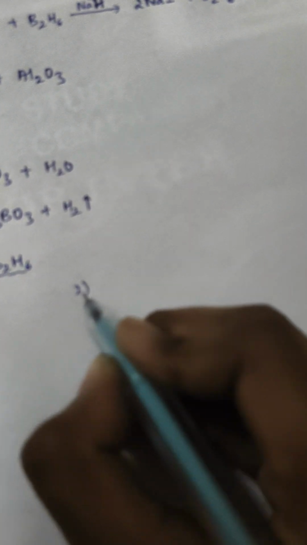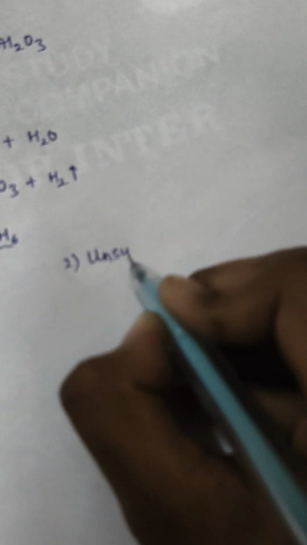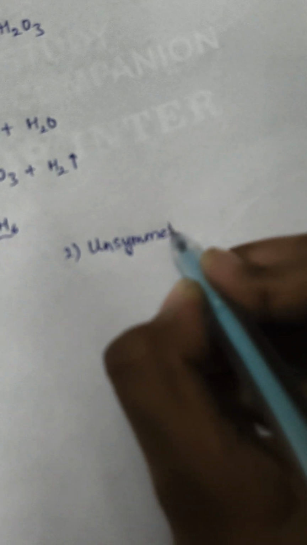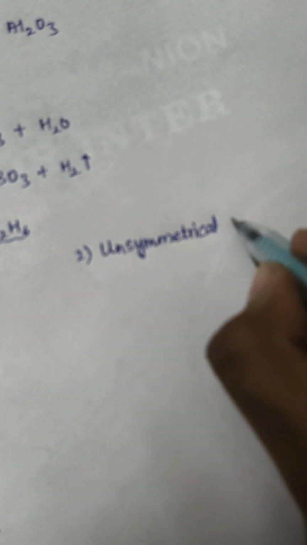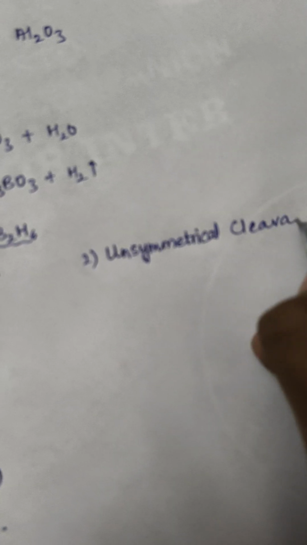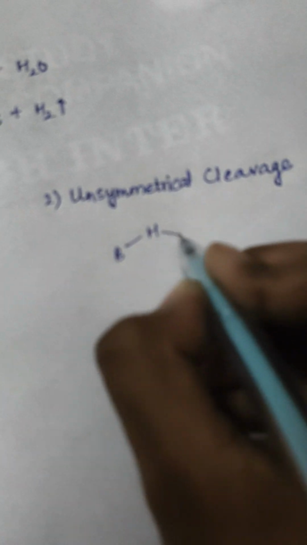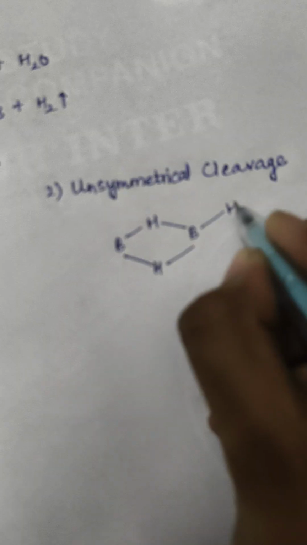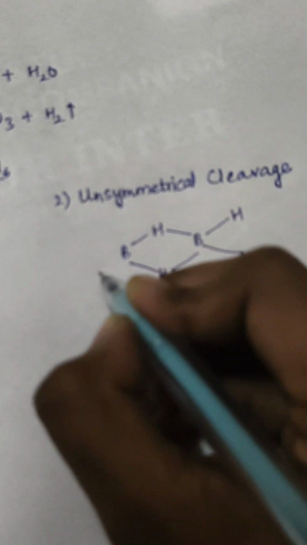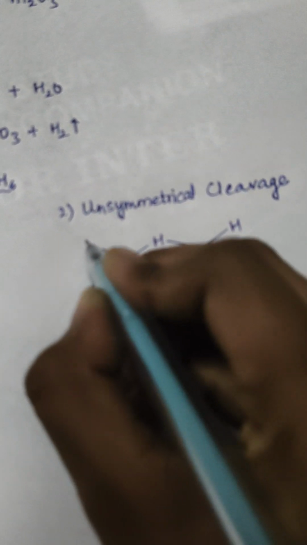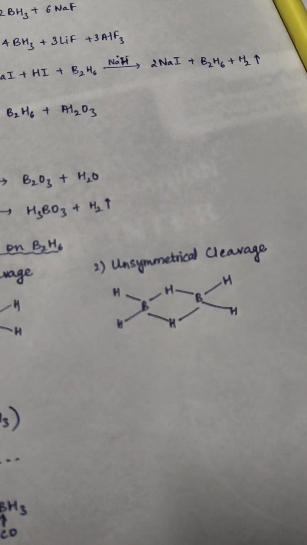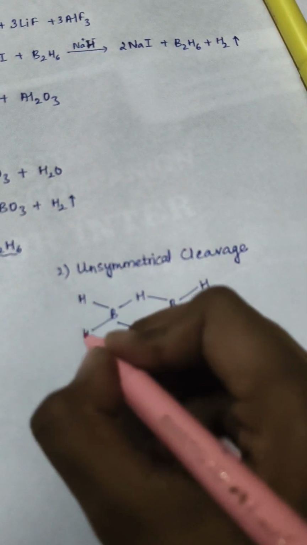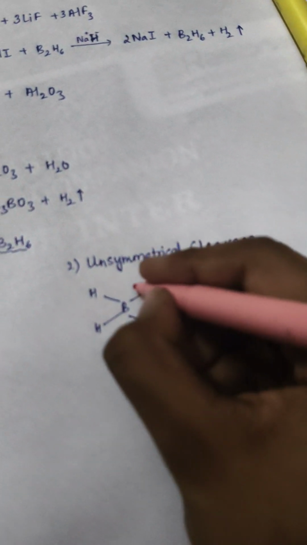And then we have unsymmetrical cleavage, and here you basically have one boron with only 2H and the other has 4.